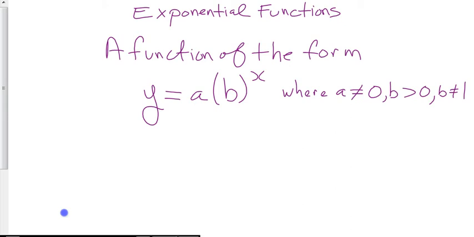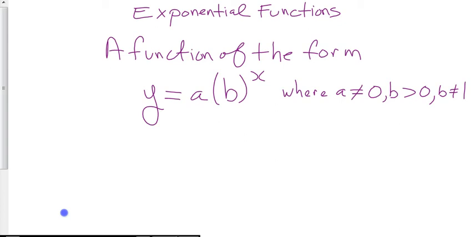Okay, so there's a few restrictions. So a can't be 0, because if it is, the whole thing is 0, so that would just be a flat line, right? y equals 0. b has to be greater than 0. It's got to be positive. And b can't be 1, because if b is 1, then 1 to the anything is just 1, and it'll just be a flat line, and that's kind of boring, right?